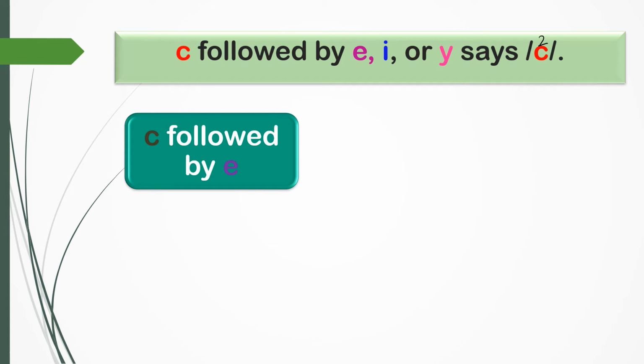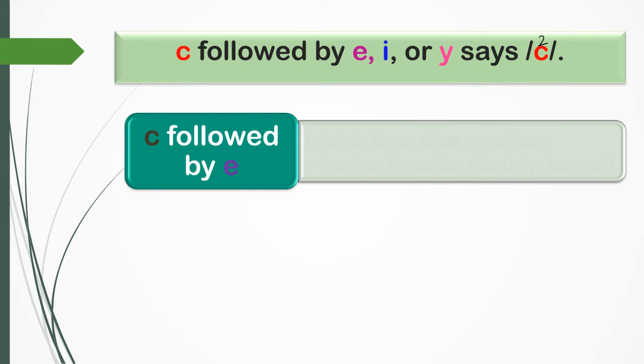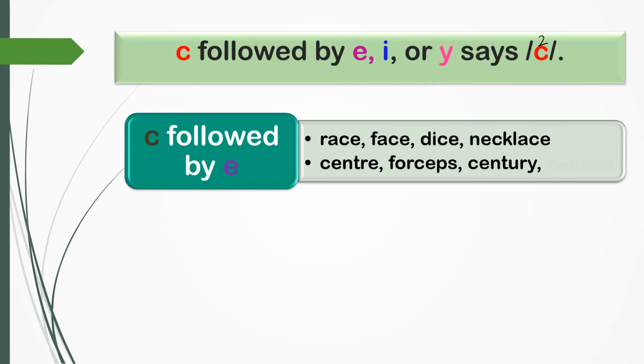C followed by E. Let's look at some examples. Race, face, dice, necklace. Then we have more examples. Center, forceps, century, cement. So what you will notice here is in all these words, the letter C is followed by E, right?